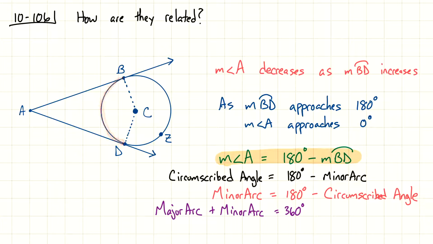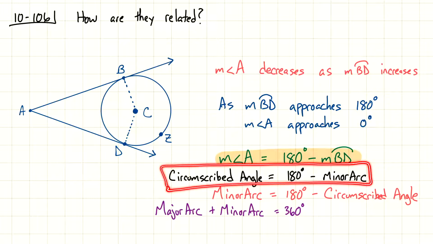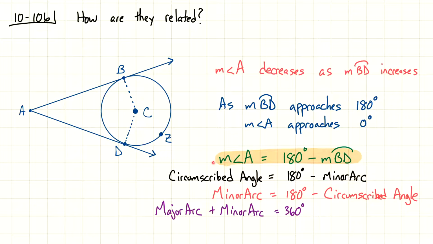So don't forget those terms, minor arc and major arc. Those are the two arcs that we talked about that make up a full circle. If it's always going to be less than 180, then this would be considered our minor arc. So there's this formula, which we just said, that says the circumscribed angle is equal to 180 minus the minor arc, which is this formula right here.